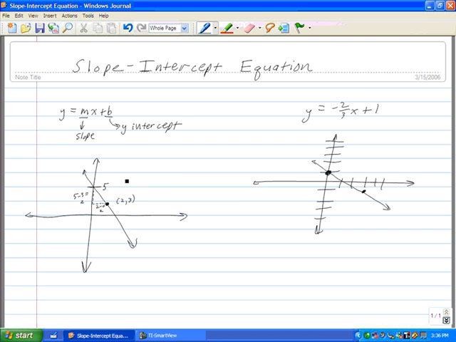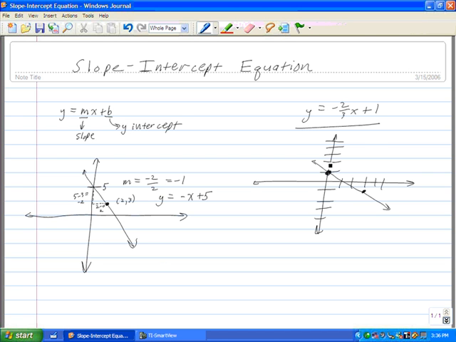Our slope is going to be a negative, as in downhill, not up, -2 over 2. Our slope is -1. So we can take this information, put it back into our equation, and say y equals -x, or -1x if you want to call it that, plus 5. That would give us the very line that we see drawn here in front of us.